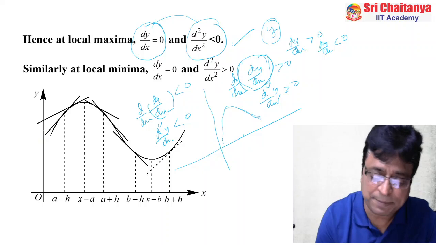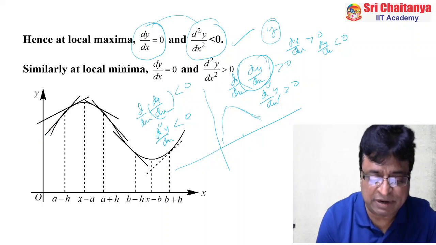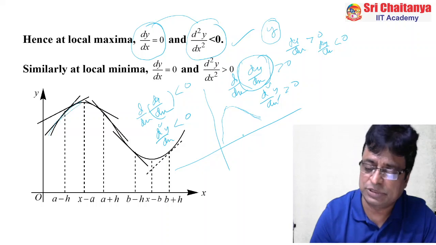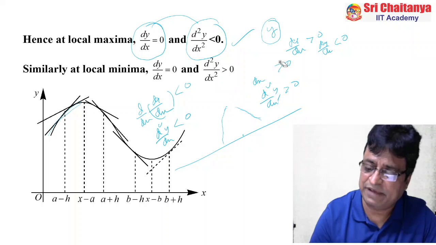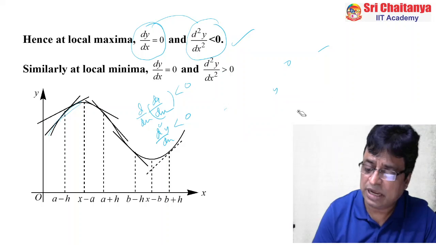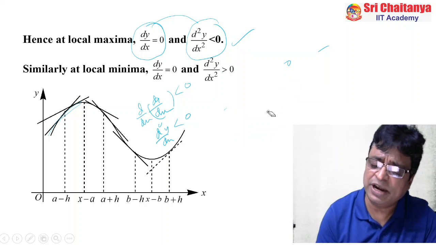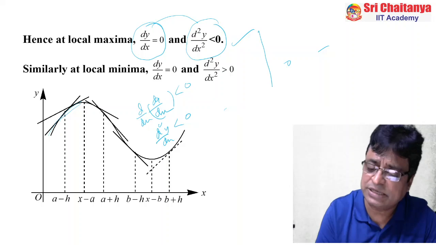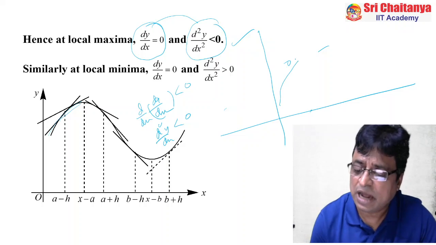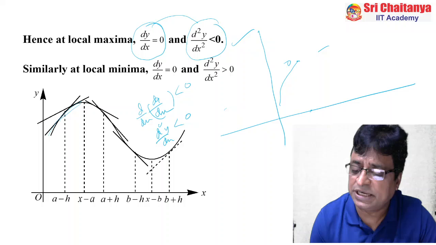So what will happen if dy by dx is increasing? That means the curve is going like this. Listen very carefully. Imagine a continuous curve. When dy by dx is greater than 0, the curve is increasing, and at a particular point the derivative is 0, so it stops.